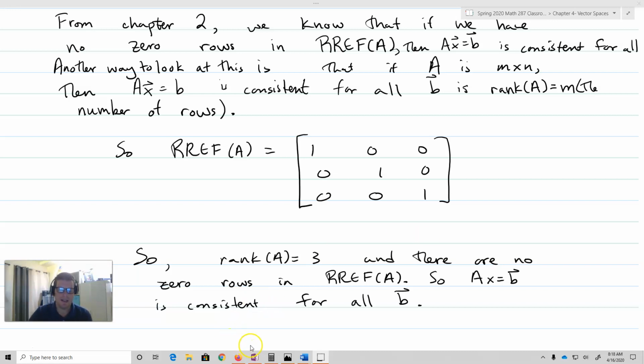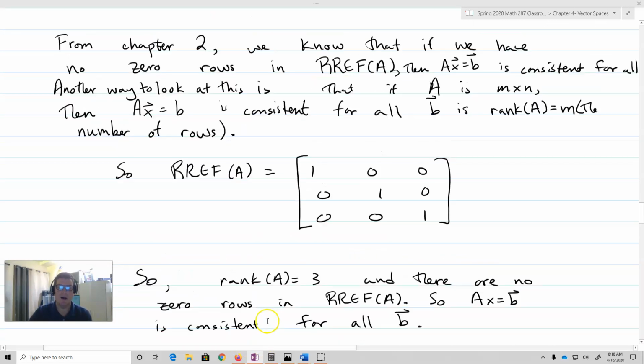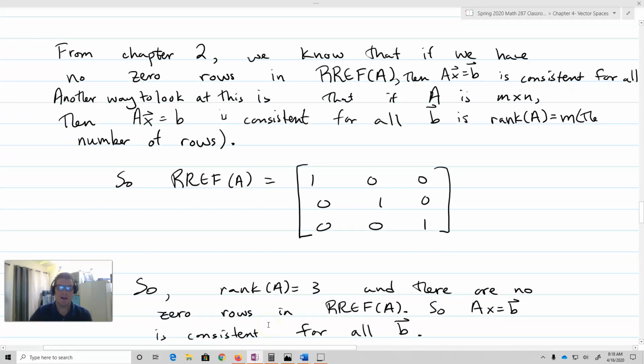Another way to look at this is to say that if A is an m by m matrix, then AX equals B is consistent for all B if the rank of A is equal to m, which is the number of rows. So when we take the RREF of the matrix that we just looked at, we end up with 1, 0, 0, 0, 1, 0, 0, 0, 1.